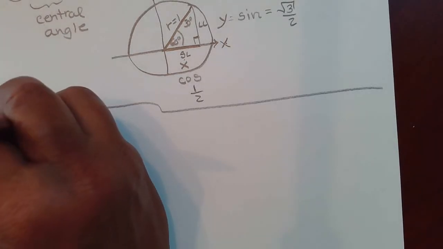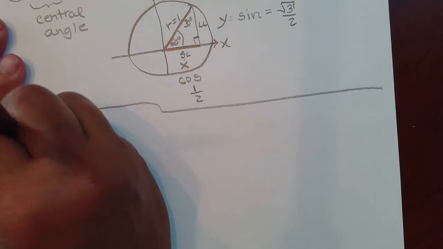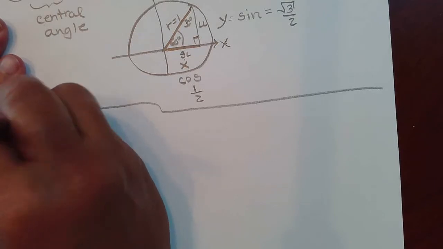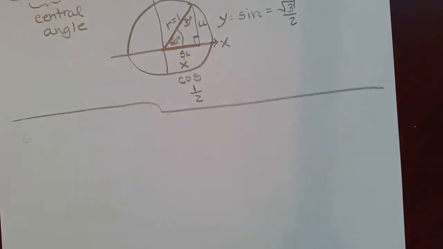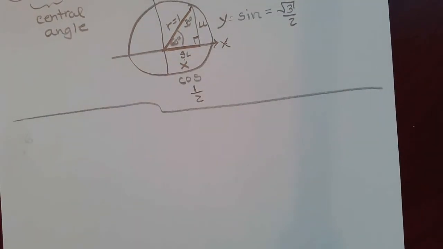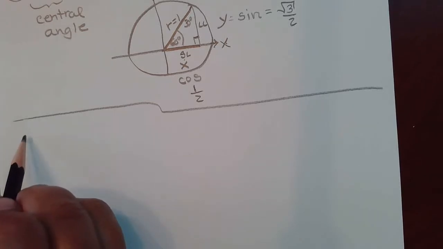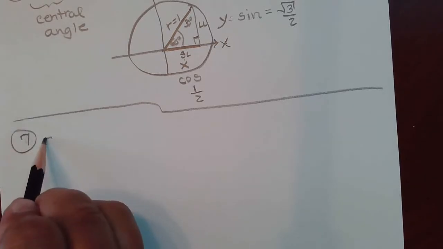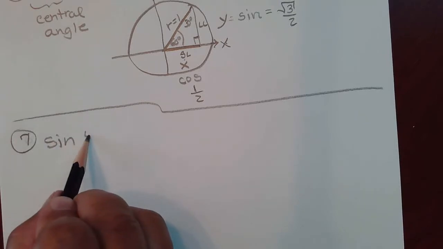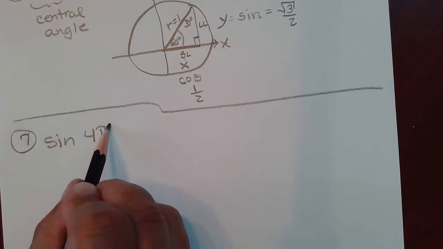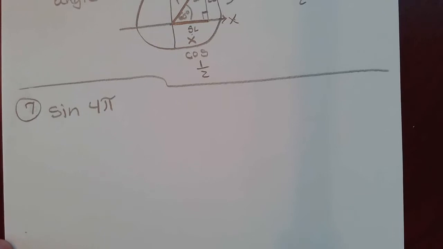Problem number 6. I think I did that one already in the last video. So we'll go to number 7. In number 7, you're being asked for the sine at what's called a quadrantal location.